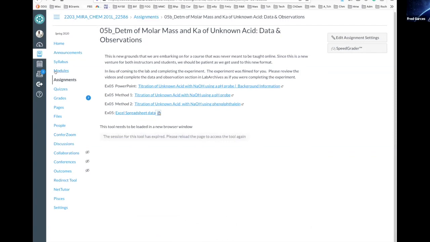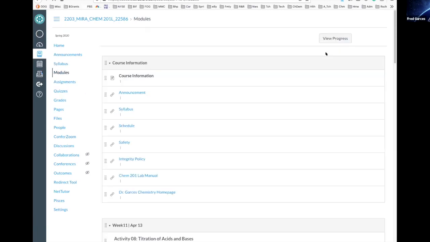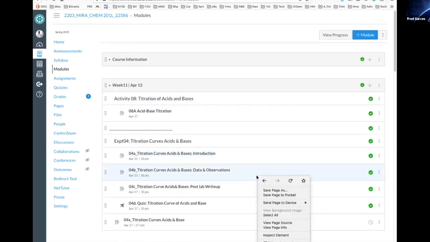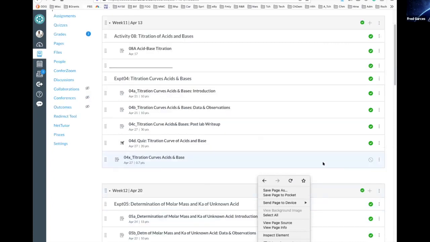And then remember that on this page, you can go towards the bottom and link to Lab Archives to input your data and observations. Once you do that, remember, this experiment is done by Wednesday.